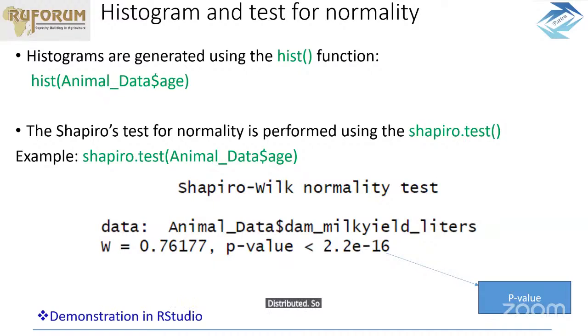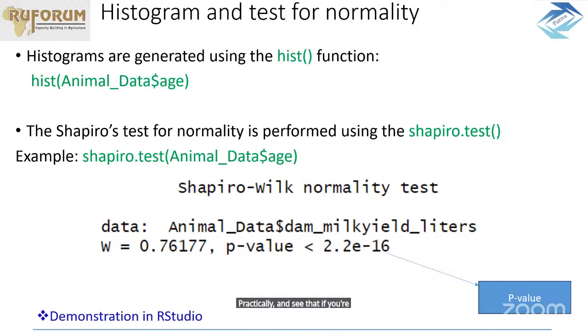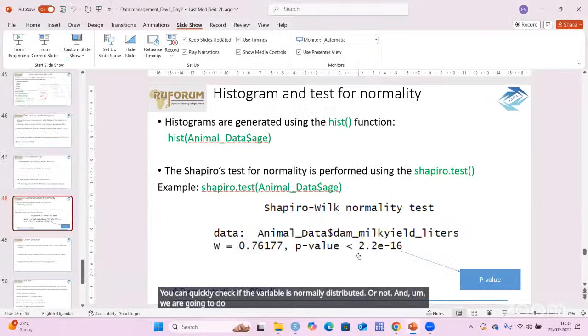So we're going to demonstrate this in R. Again, everything we are doing, you need to be able to quickly run through it practically, so that if you're dealing with your own data set, you can quickly check if the variable is normally distributed or not. And we are going to do that just now.